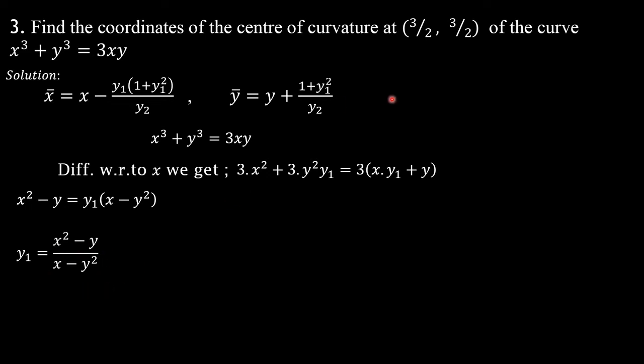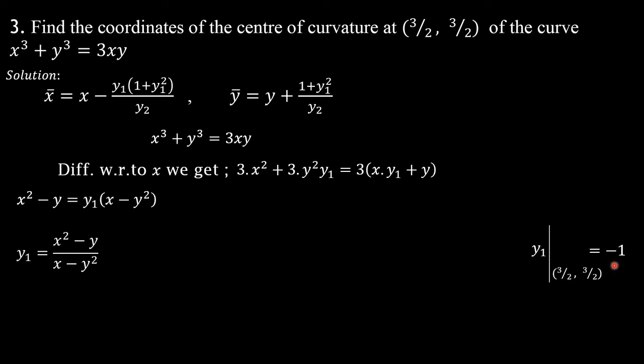But since we have to compute the value of y1 at the point (3/2, 3/2), just substitute x and y as 3/2. Therefore, we get the value of y1 at the given point to be −1.